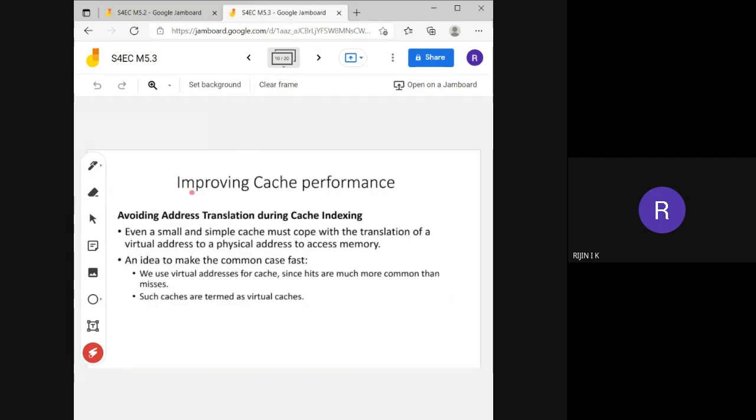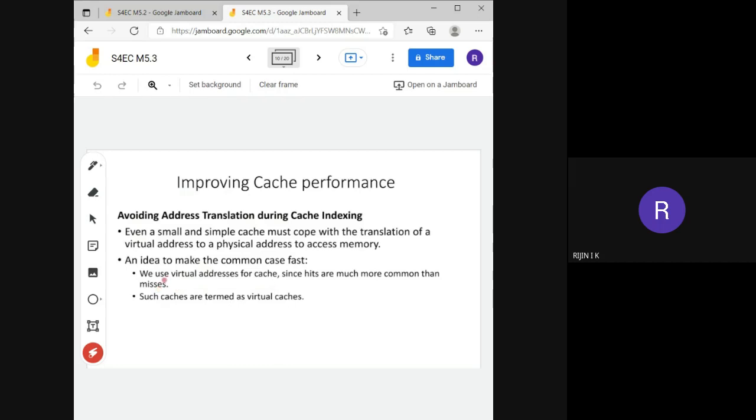Then another method is avoiding address translation during cache indexing. For that we can use virtual addresses. That means even a small and simple cache must go through the translation of virtual address to physical address to access memory. So in order to make it faster, we use virtual addresses for cache.